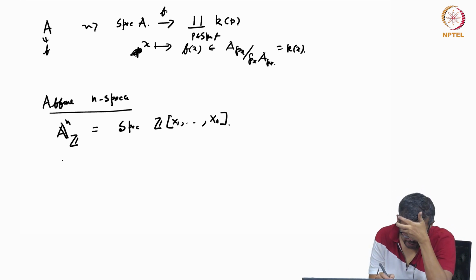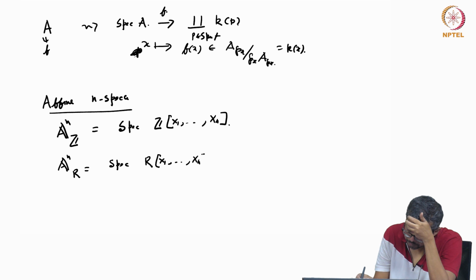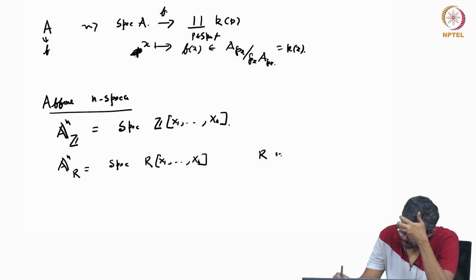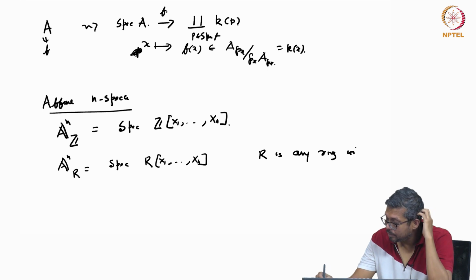In fact, for any ring R, you can define this as Spec of R[x1, x2, ..., xn]. R is any commutative ring with identity.